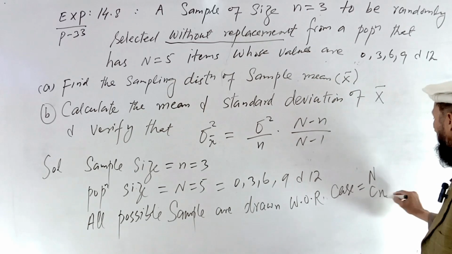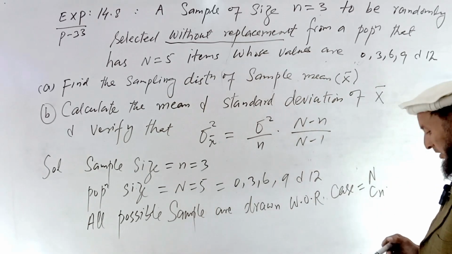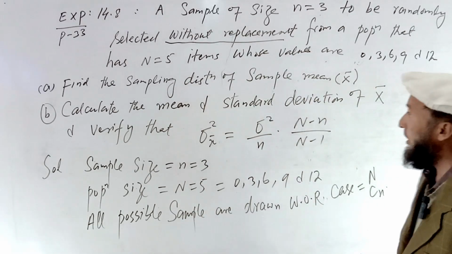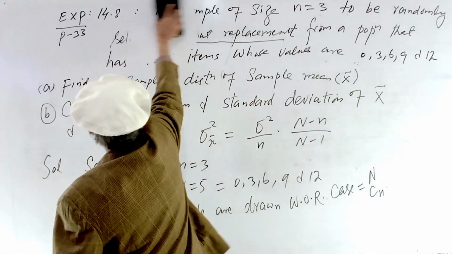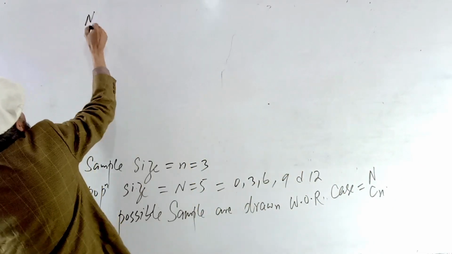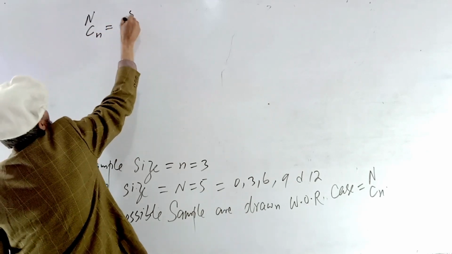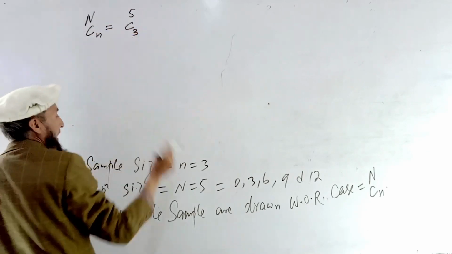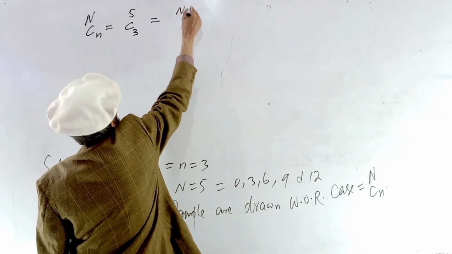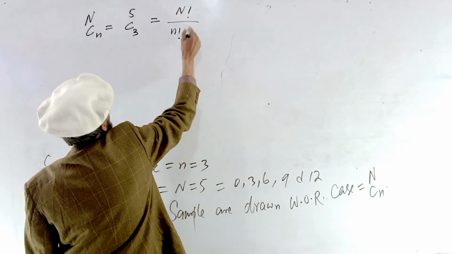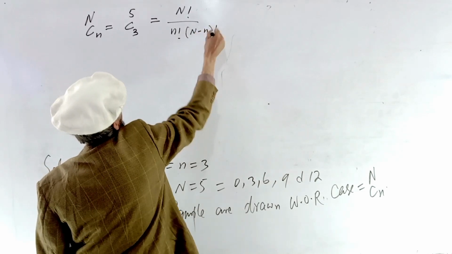We know the combination formula: N choose n equals N factorial divided by n factorial times (N minus n) factorial.